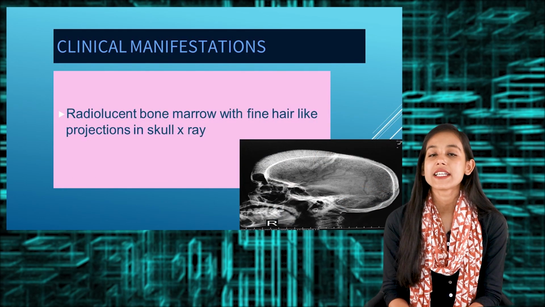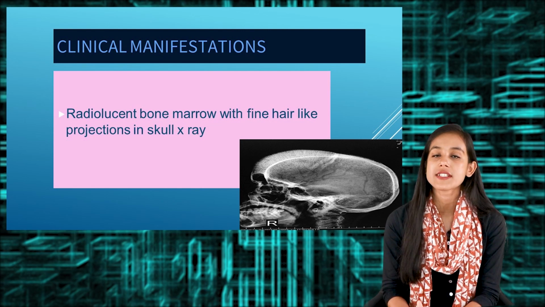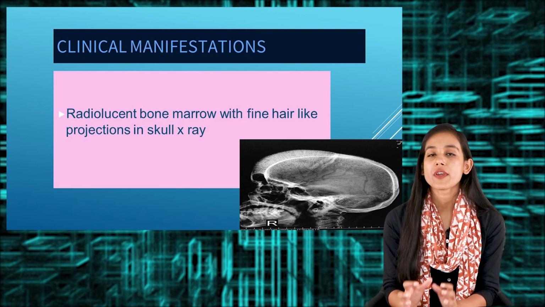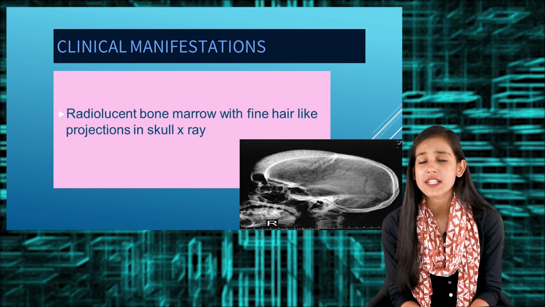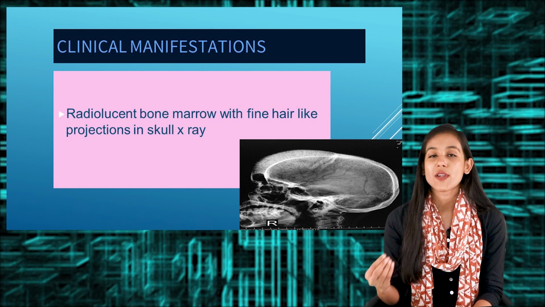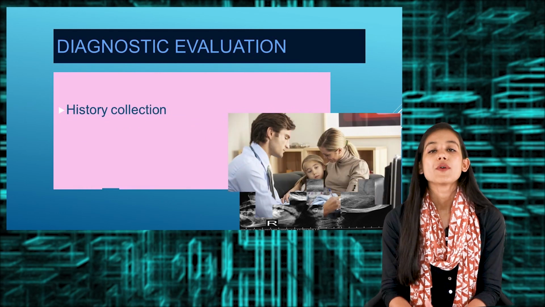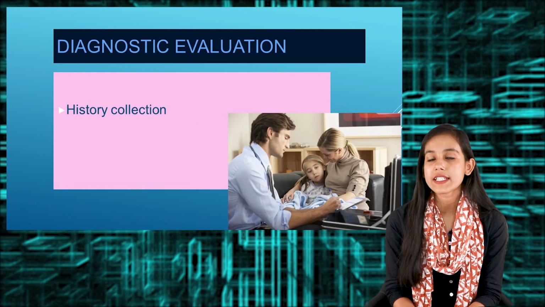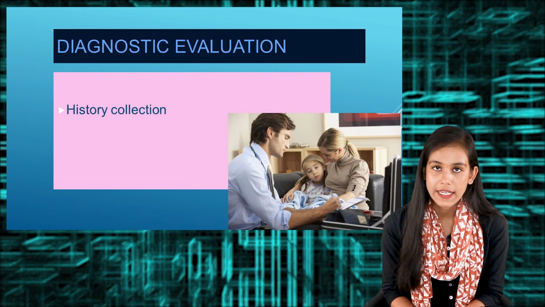And then we can see radiolucent bone marrow with fine hair-like projections in the skull X-ray. So if we take a skull X-ray of beta thalassemia major patients, then we can see this trait also, that is radiolucent bone marrow with fine hair-like projections. So these are some of the major clinical manifestations that we can see in children with thalassemia.